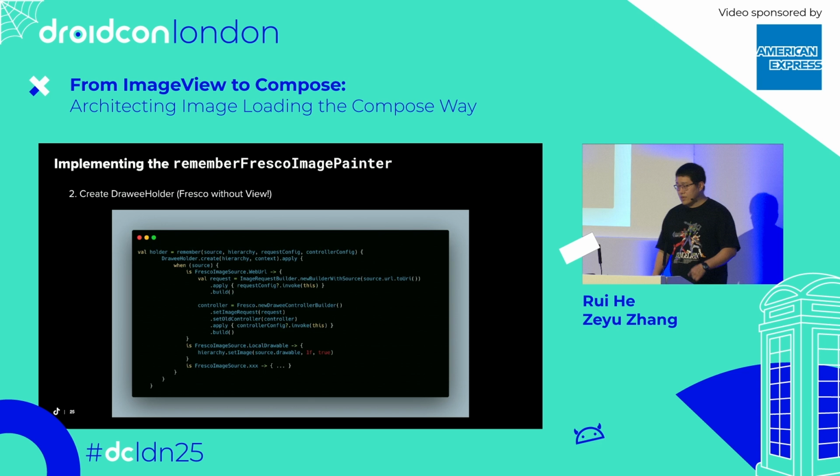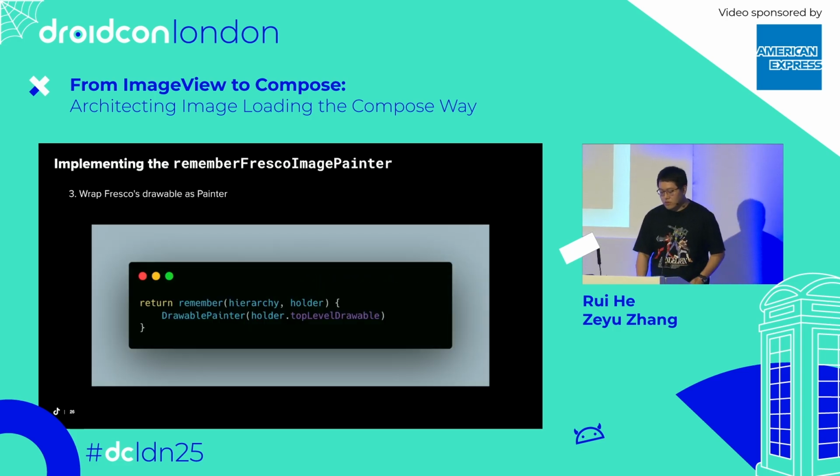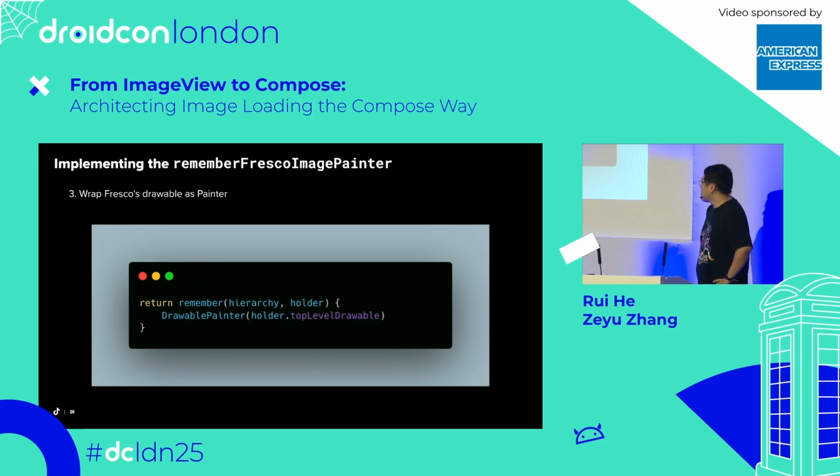But generally, the next step for the image painter is to create such a DraweeHolder so that Fresco can receive our image resource and start loading, and then at some point output a drawable that we can use later.